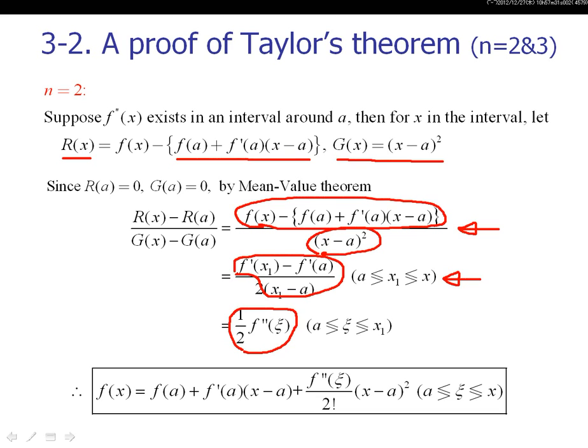And this proof is taken from a textbook I learned in a university, and I was inspired by this proof. So I wanted to make a computer graphics to support this proof. So now we get this second order Taylor series, and this is a strict proof.